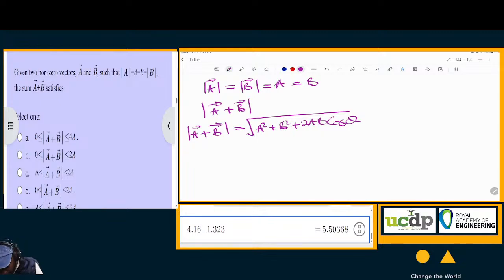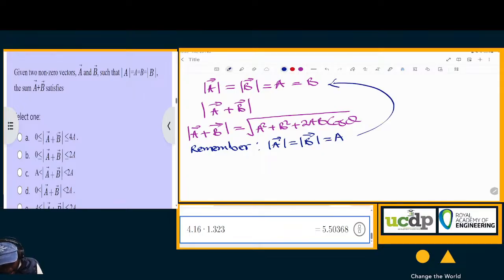But remember that the magnitude of vector A is equal to the magnitude of vector B, which is equal to A, which is what I put up earlier on, which means in place of B we can put A.